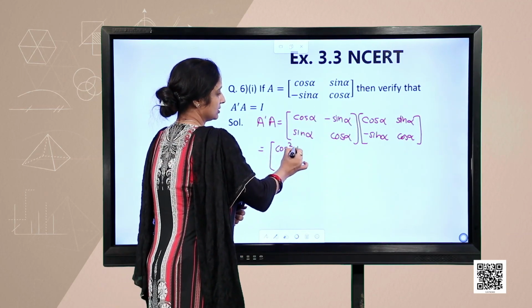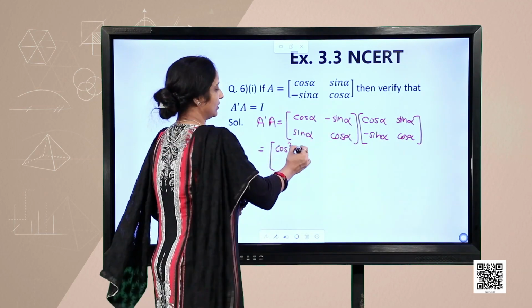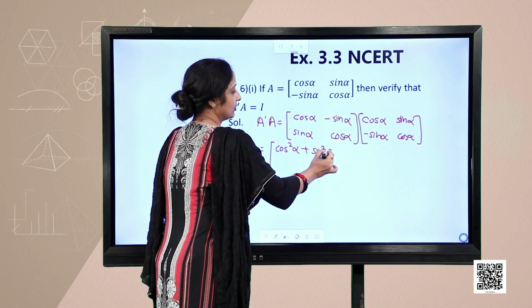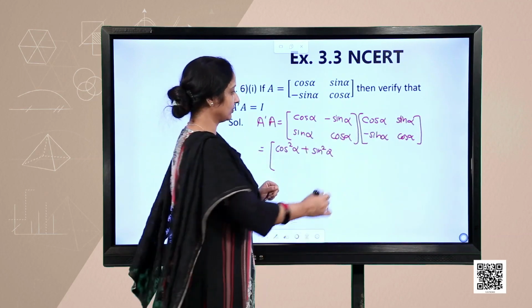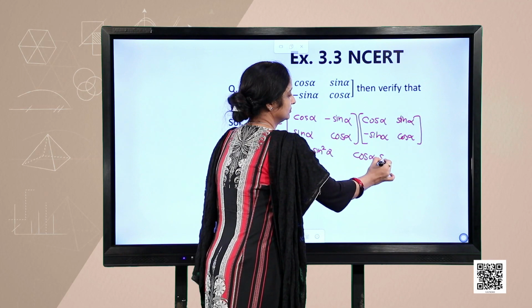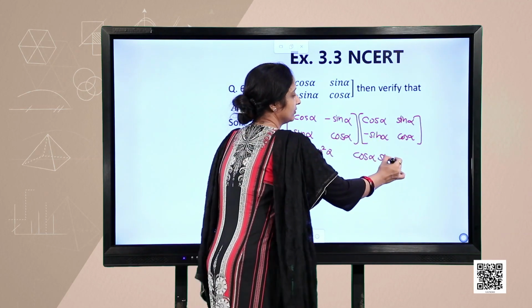This is cos square alpha, minus sin alpha into minus sin alpha is making it plus sin square alpha. The next element, cos alpha into sin alpha, minus sin alpha into cos alpha.